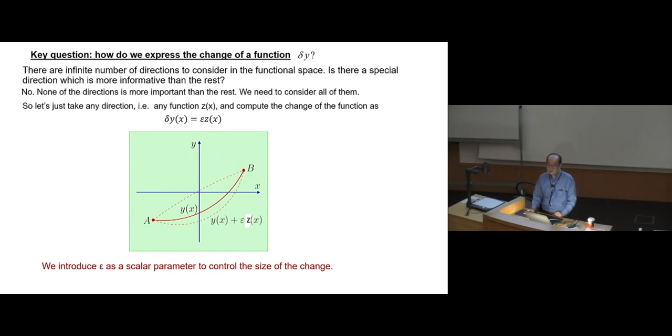This is also true for the function of one variable: we use delta x, so epsilon is like delta x. But in that case there is no z, because there is only one direction we move in. So z is kind of a constant.